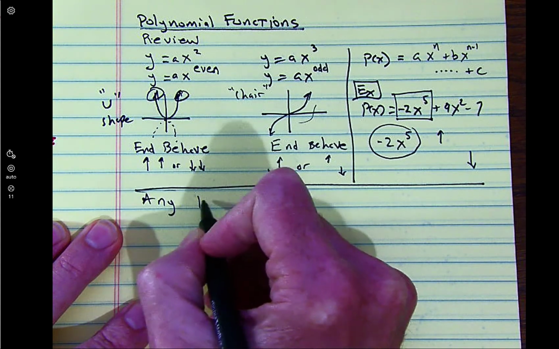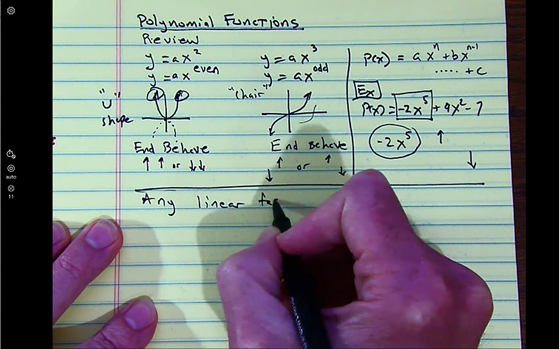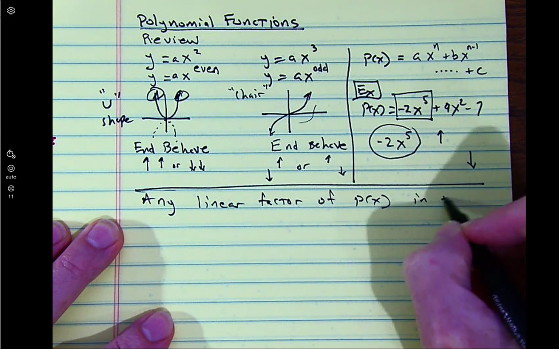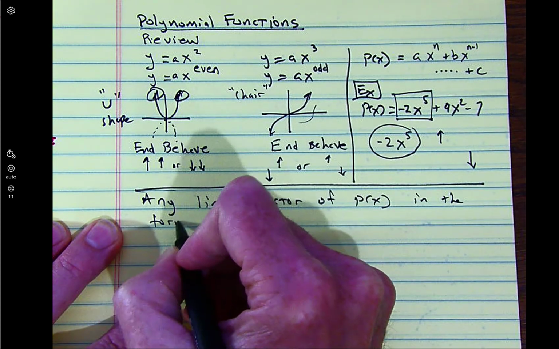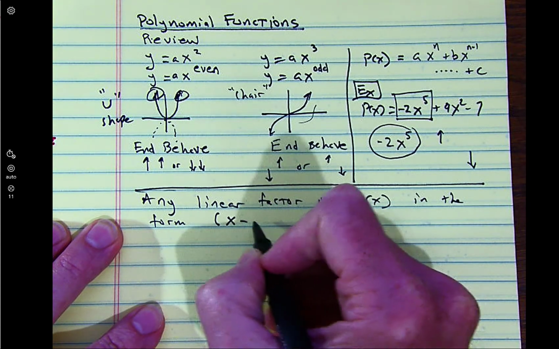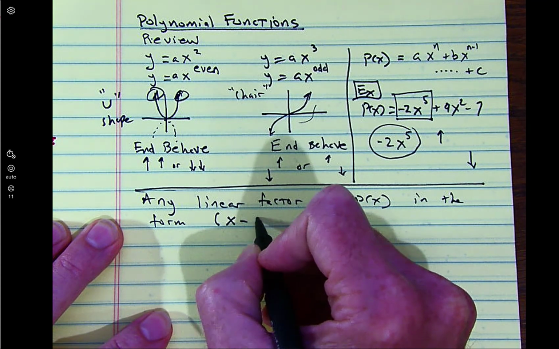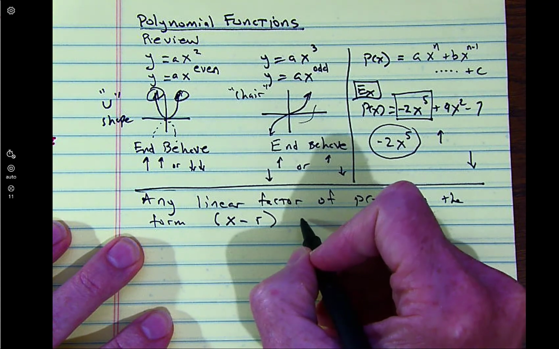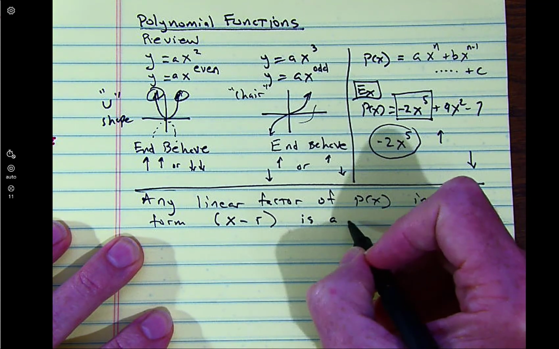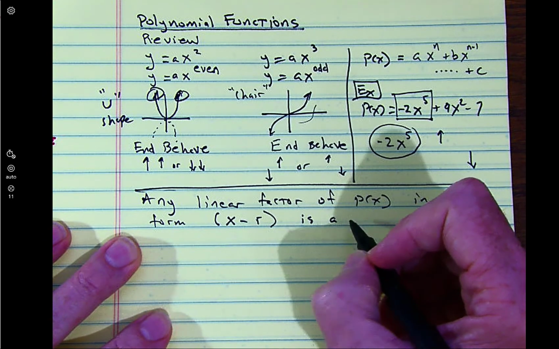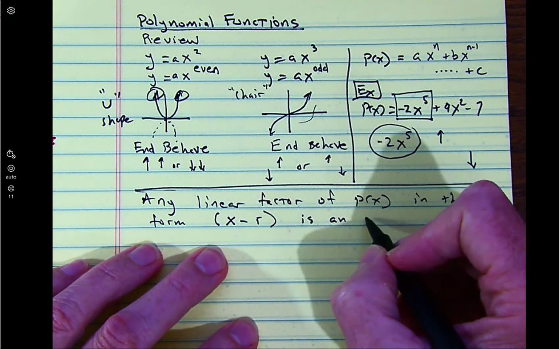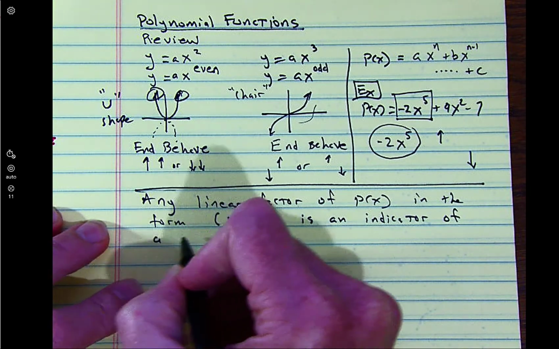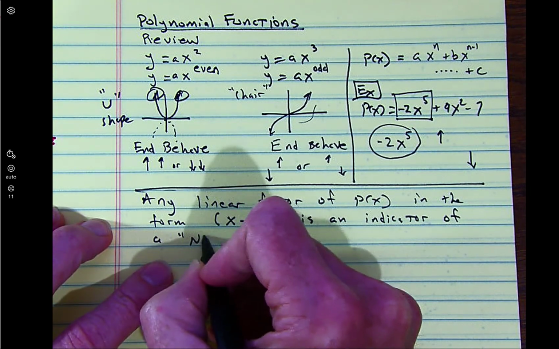So any linear factor of p of x in the form x minus r is an indicator of a, quote, I'm just going to say nice.